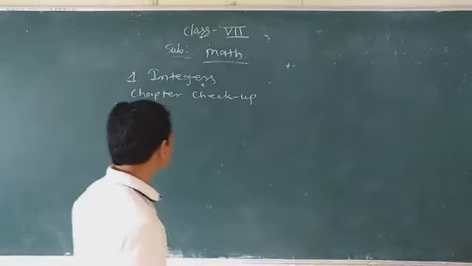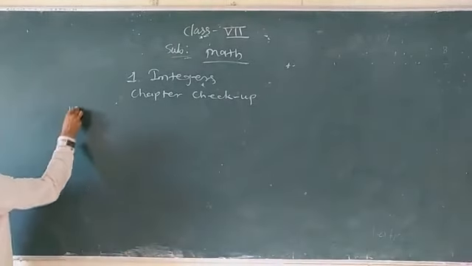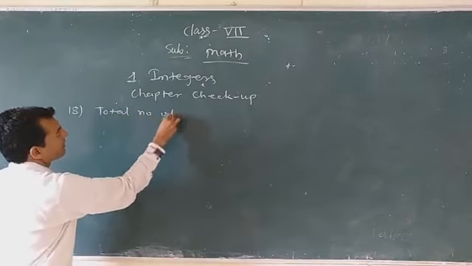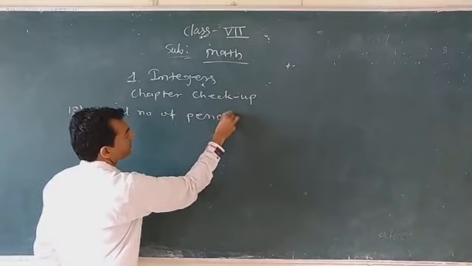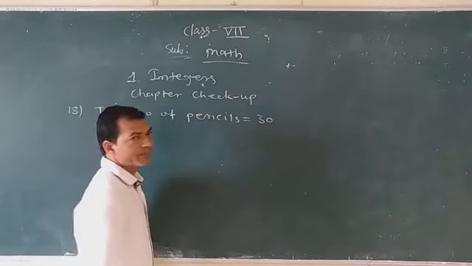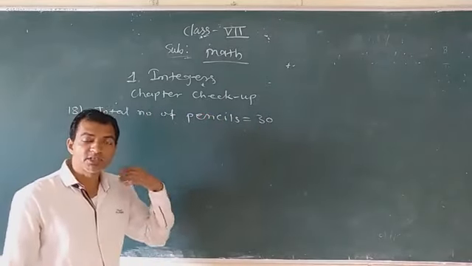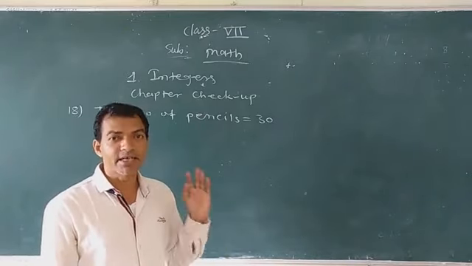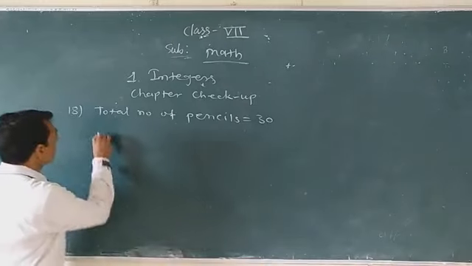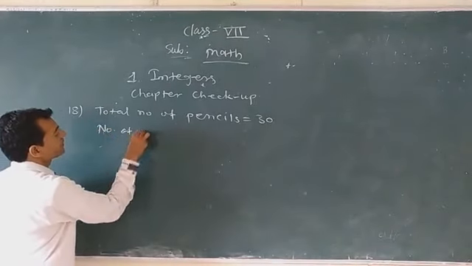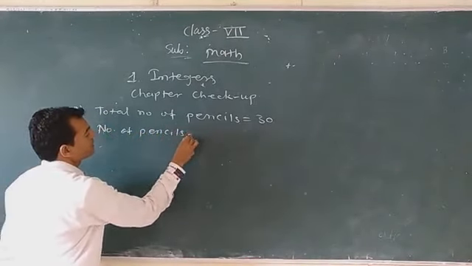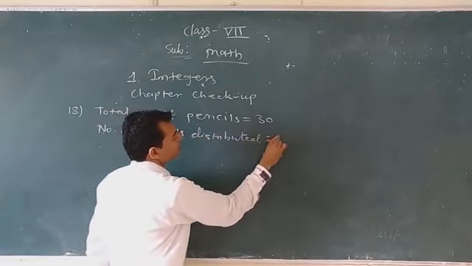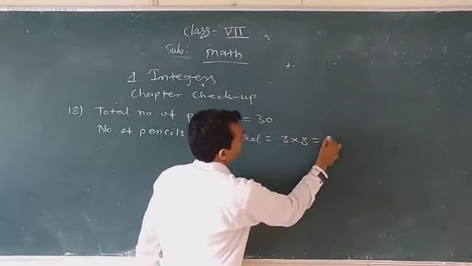Okay. So write down this. Question number 18. Total number of pencils is equal to how many? 30. Okay. And she wants to distribute 3 pencils to each of her classmates, and there are total 8 classmates. Okay. So number of pencils distributed is equal to how many? 3 into 8 is equal to 24.